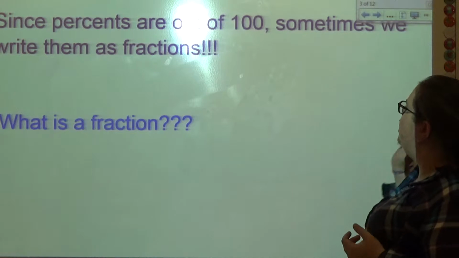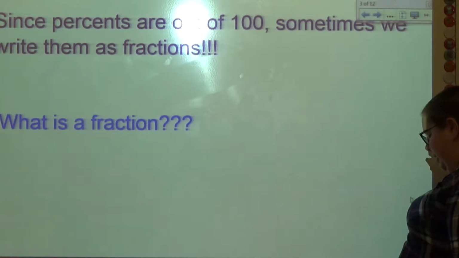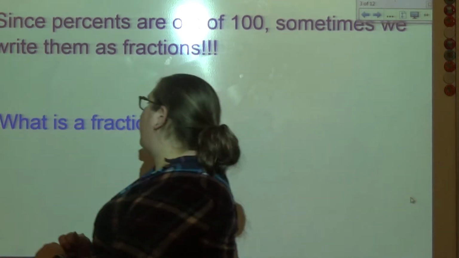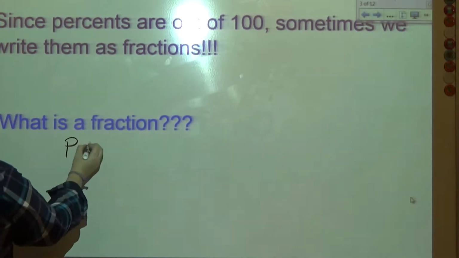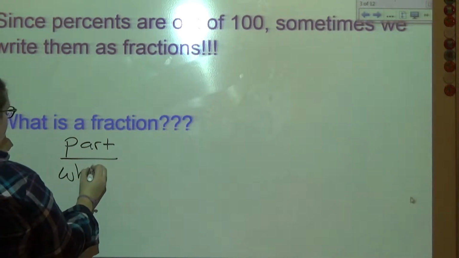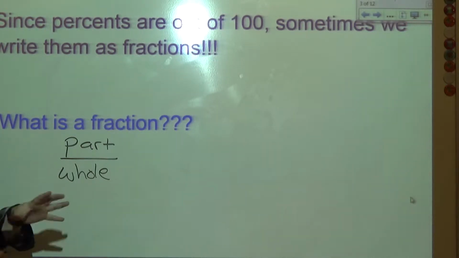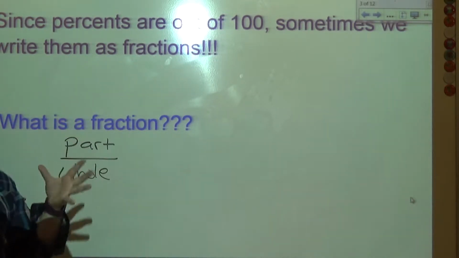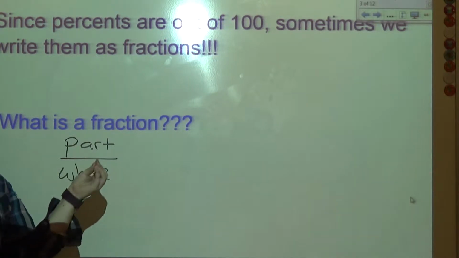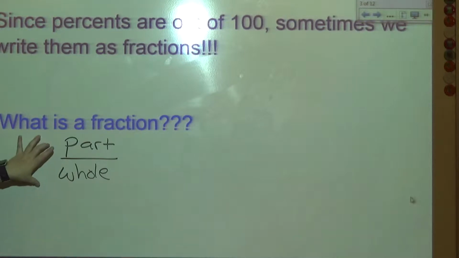Since percents are to the 100, sometimes we write them as fractions. So what is a fraction? A fraction is a part out of a whole. So we really want to think of, with a percent, what's the whole number being described here, and what's the piece of the number being described. So that's really something we're going to focus on.